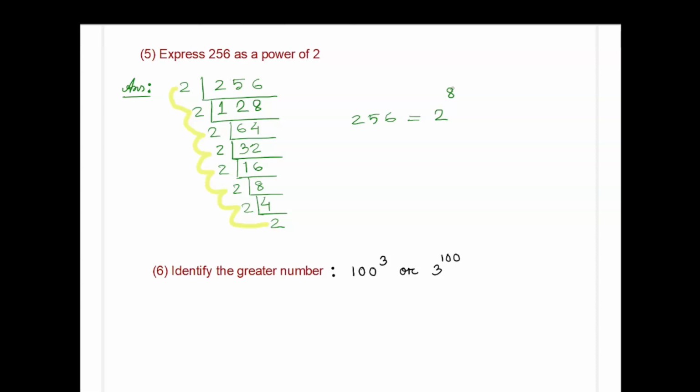Understood? In the exercise also I will discuss everything. Just now I am giving the concept. From here you just try to clear your concept. Next, it is identify the greater number. Sorry, it is written wrong.